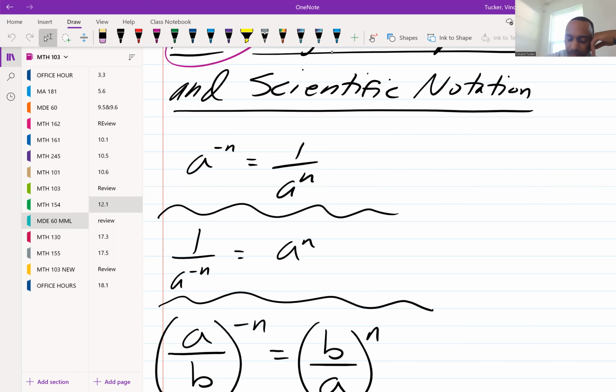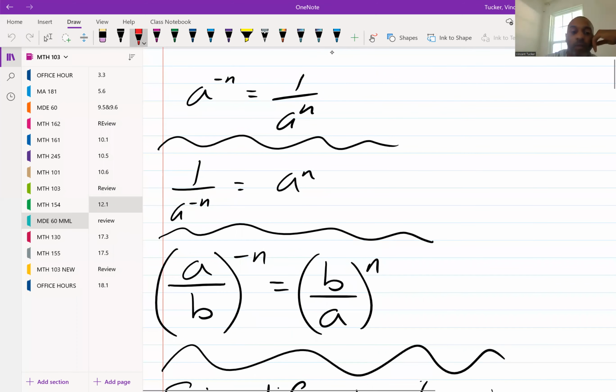That's a to the n. Then if you have a fraction with a negative exponent applied to it, the negative will make you flip the fraction. So it goes from a over b to b over a, and then we have a positive exponent.